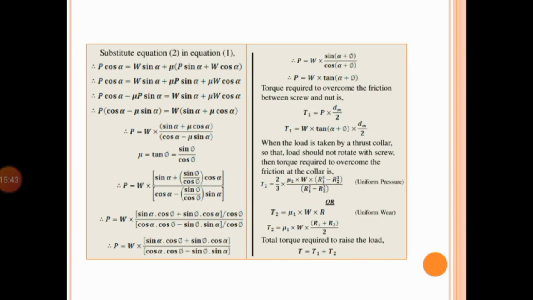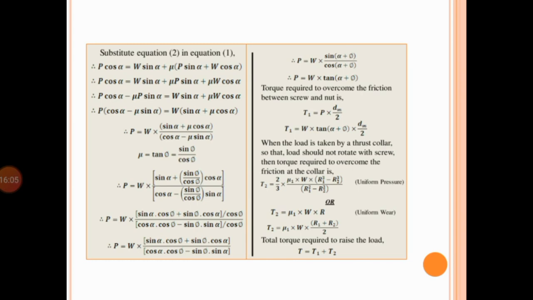Now we know the trigonometric relation: sin of x plus y becomes sin x cos y plus sin y cos x. So ultimately your equation reduces to P is equal to W sin of alpha plus phi upon cos of alpha plus phi. Ultimately P is equal to W into tan of alpha plus phi.